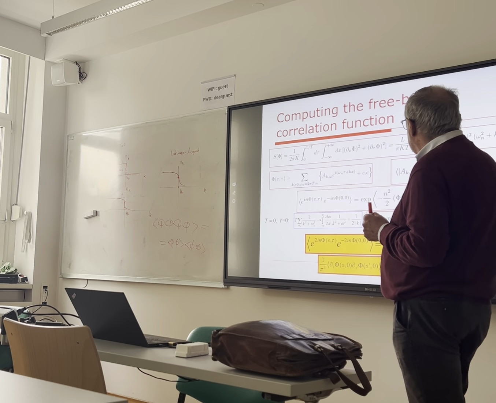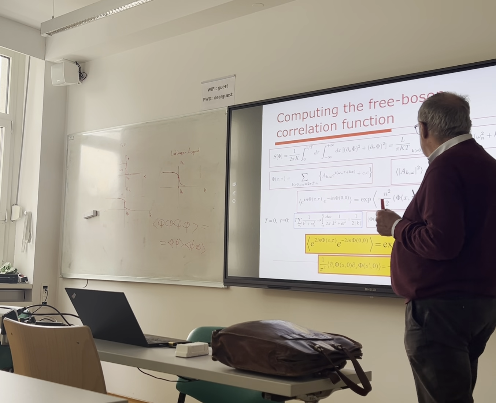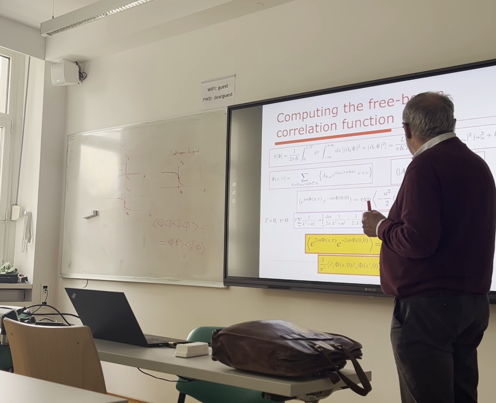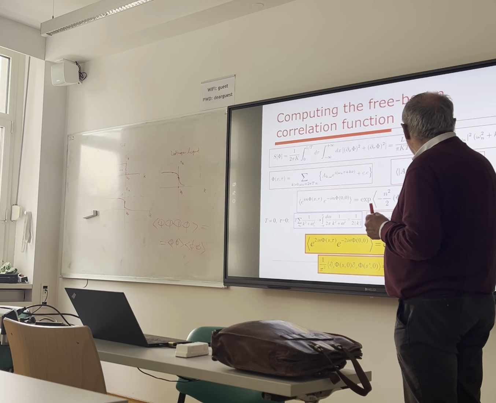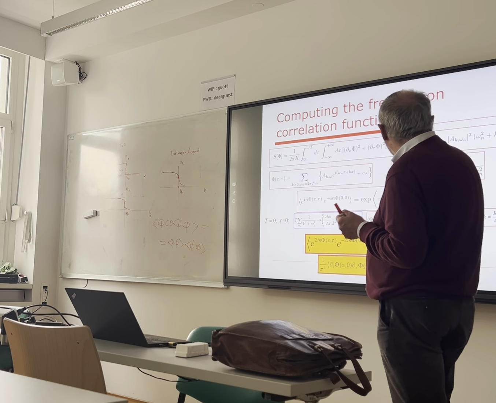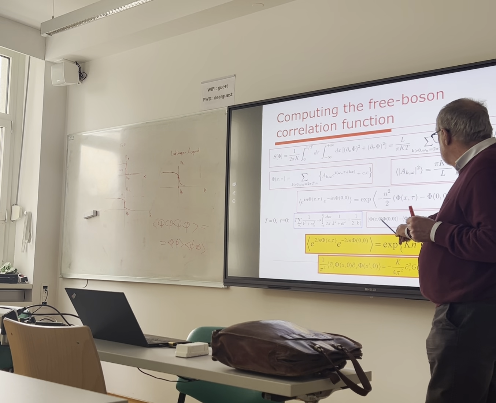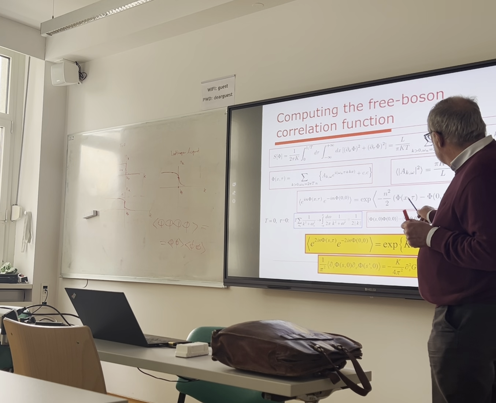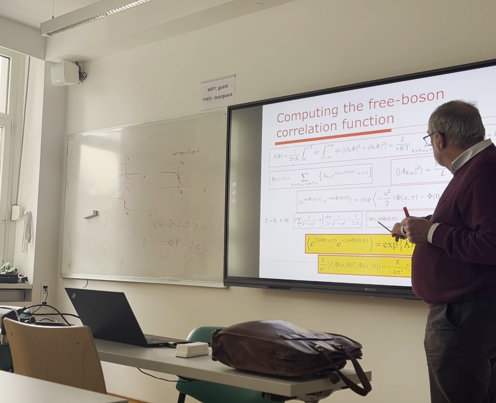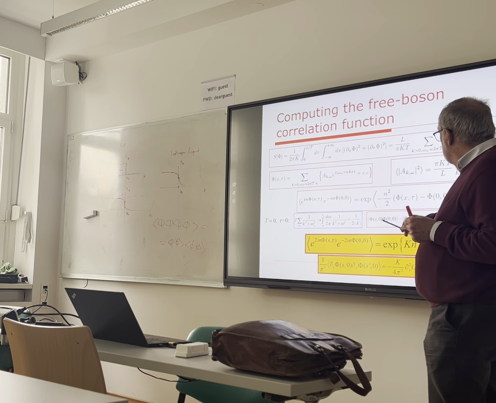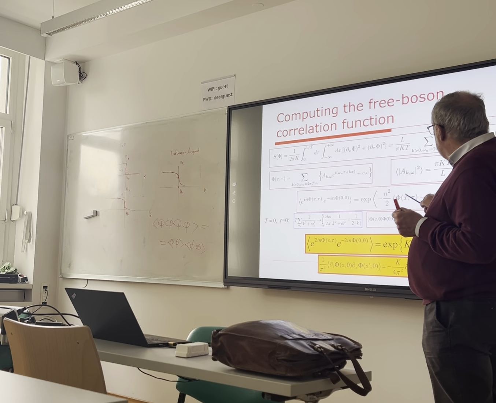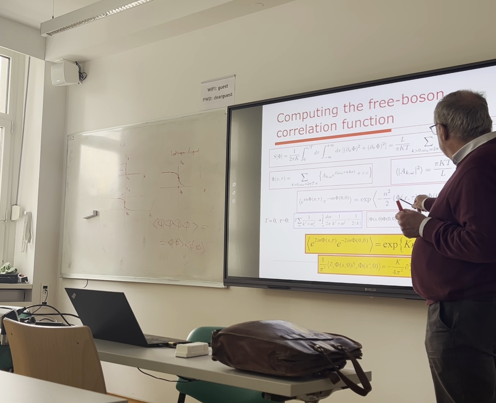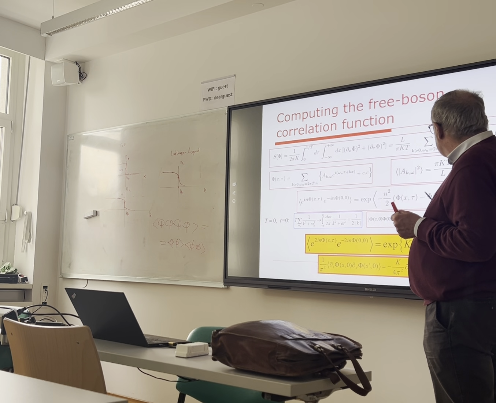Okay, when I change x by s, you have in particular things like this, and then you have the average of phi(x, tau) squared and the average of phi(0, 0) squared.